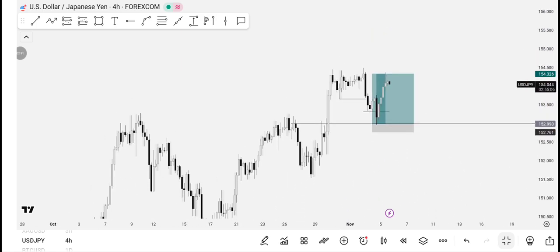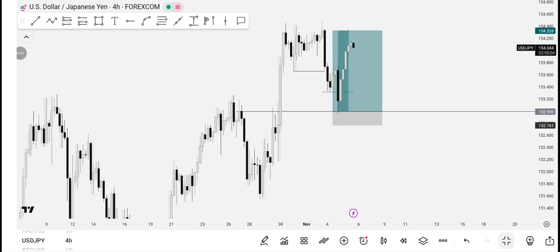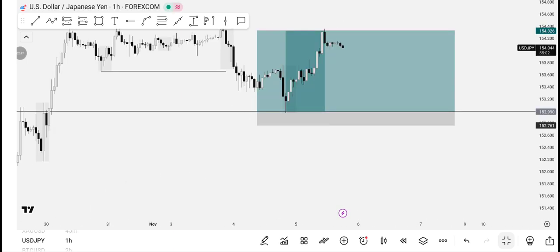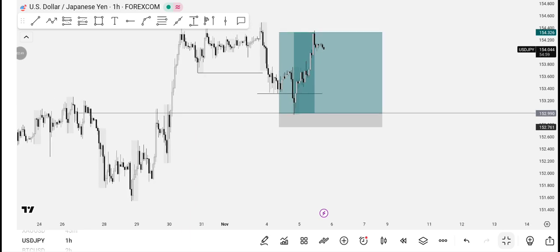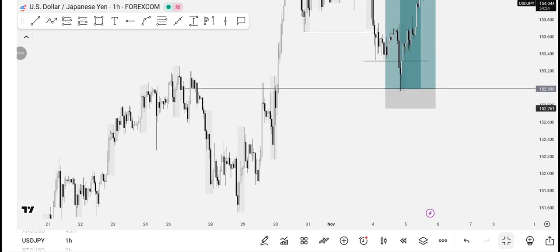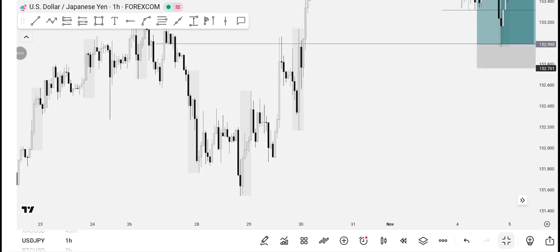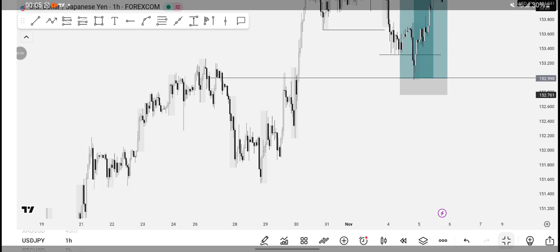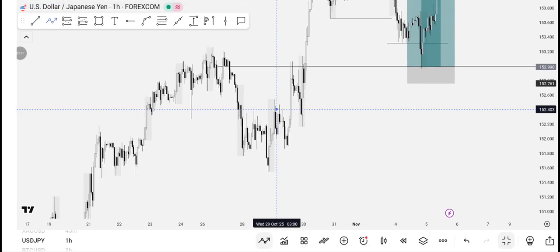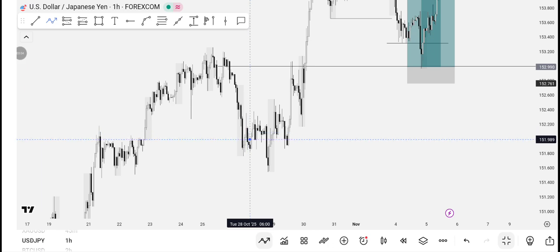Then at the 1-hour time frame, I noticed something. This was for the buy. At my 1-hour time frame, I noticed something. Market was creating a series of lower highs, lower lows, lower highs, then got broken with this engulfing bearish candle.